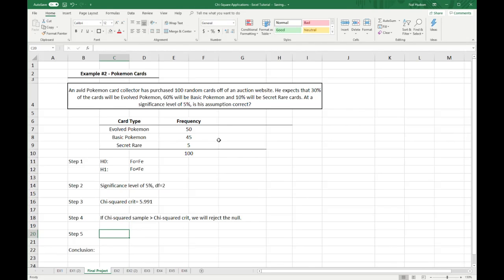Now we're going to determine our chi-squared sample. So first, based on the 100 sample, we'll determine our expected column by taking the 100 cards and multiplying it by 30, 60, and 10% respectively.